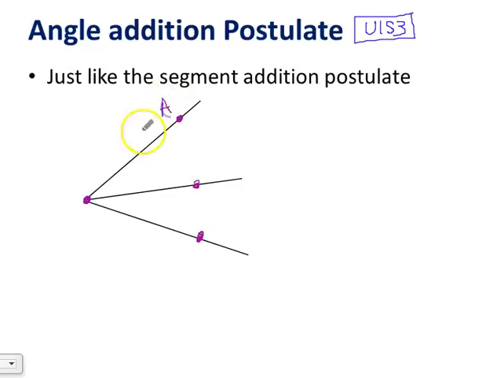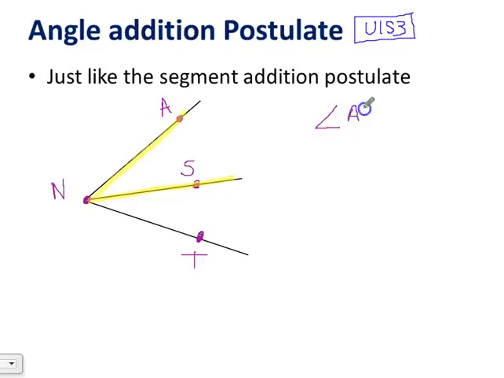So I'm going to call this A, we'll call this N, we'll call this S, and this T. So a couple different angles here. Let's just focus on this angle right here that I'm highlighting in yellow.